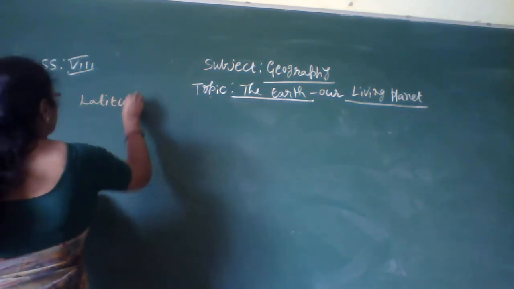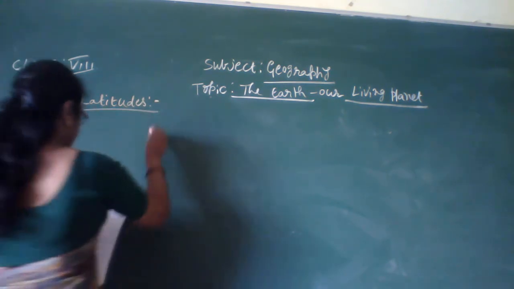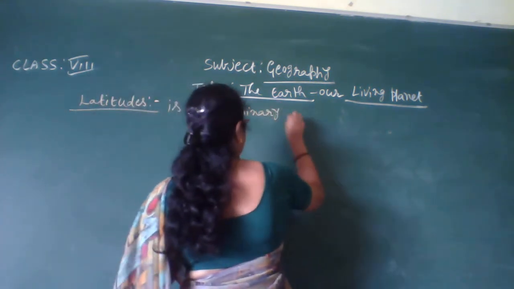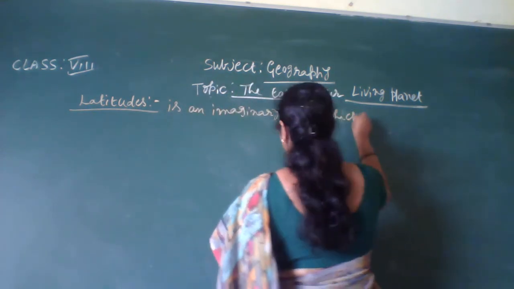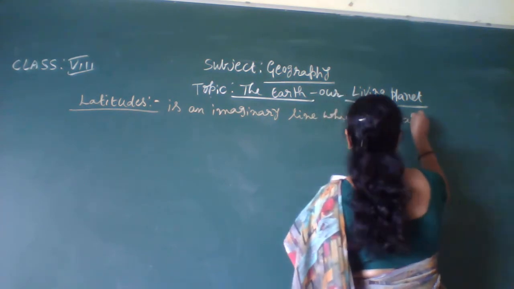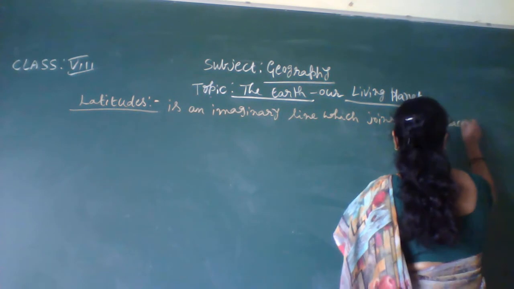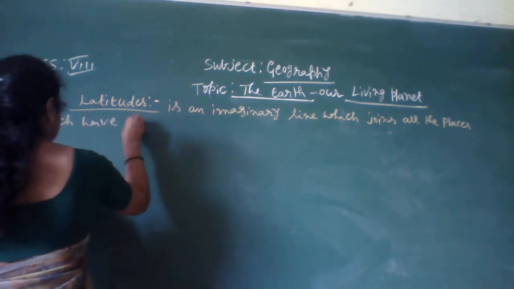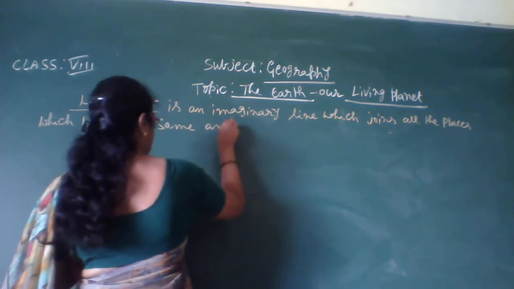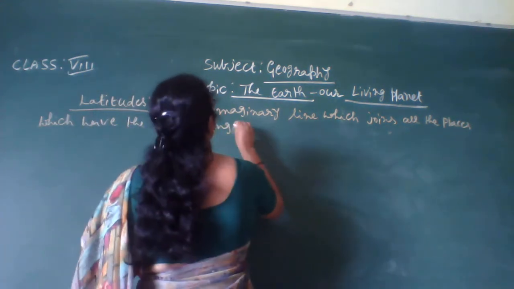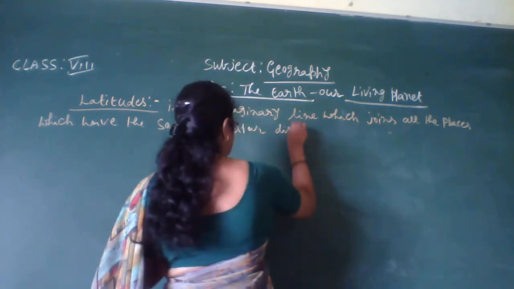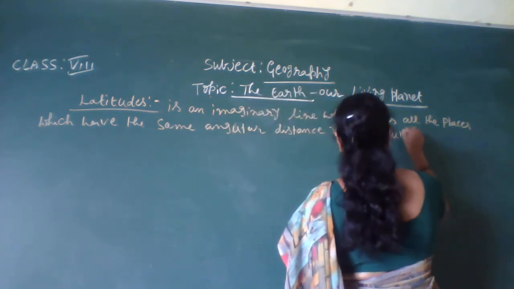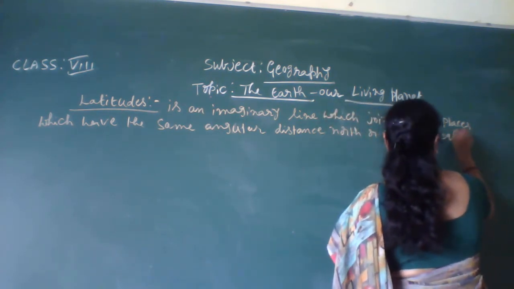What is the meaning of latitudes? Latitude is an imaginary line which joins all the places which have the same angular distance north or south of the equator.